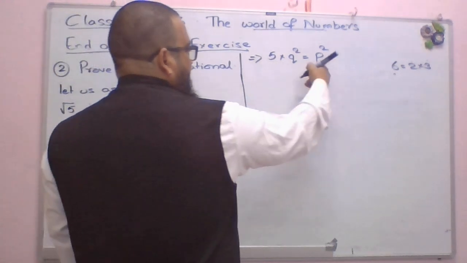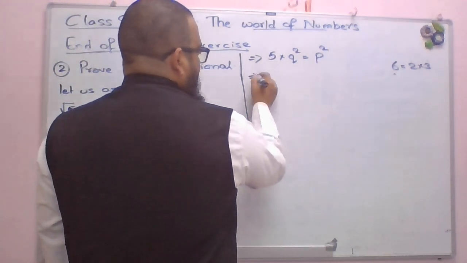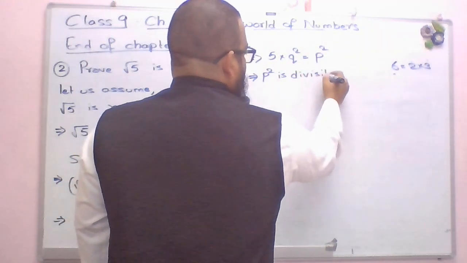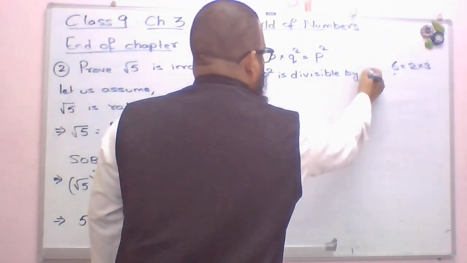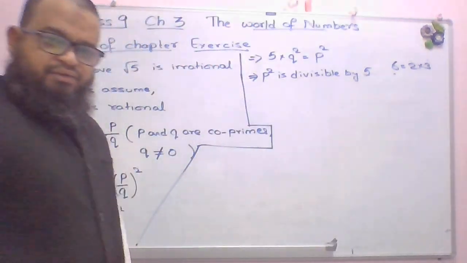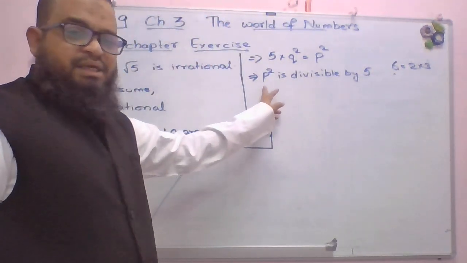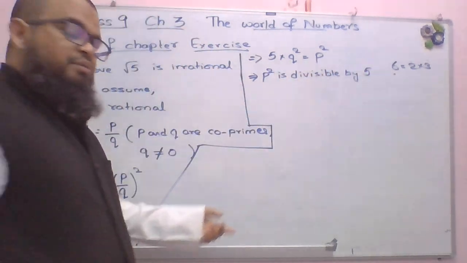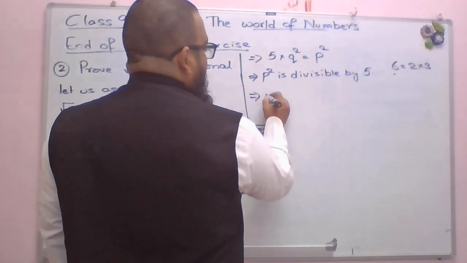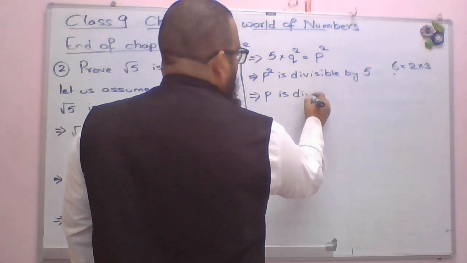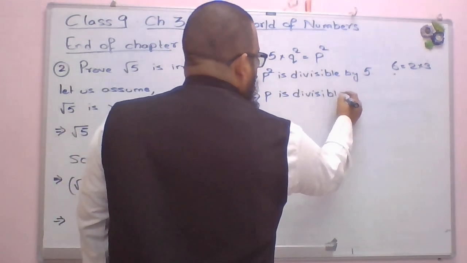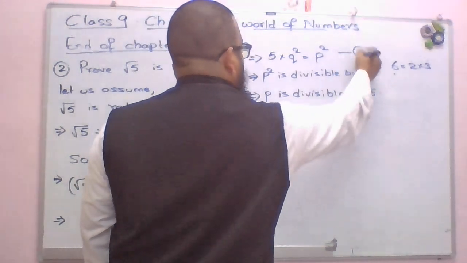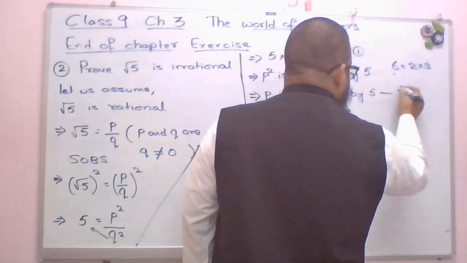So in the same way, p square is divisible by 5. And we have studied that if a square is divisible by a prime number, its square root is also divisible. That implies p is also divisible by 5. Okay, so this is first statement and this is second statement.